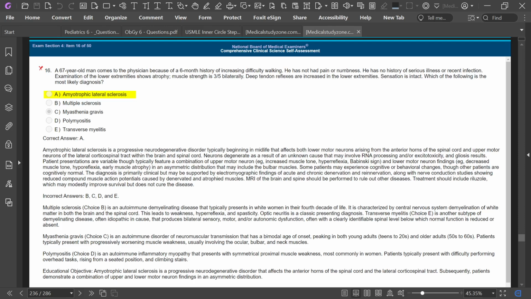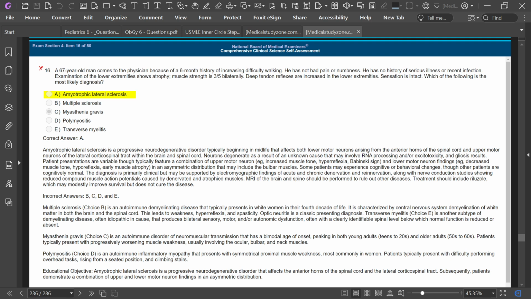Patient presentations are variable, though typically feature a combination of upper motor neuron and lower motor neuron signs in an asymmetric distribution that may involve the bulbar muscles.